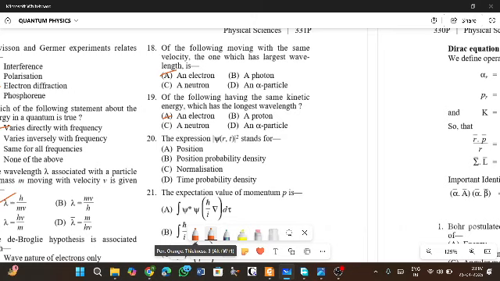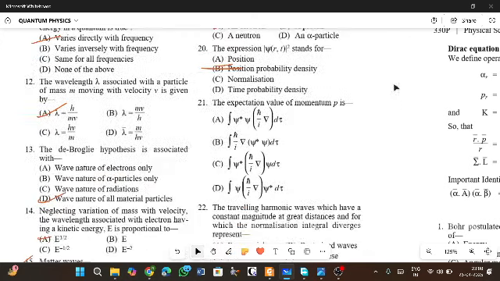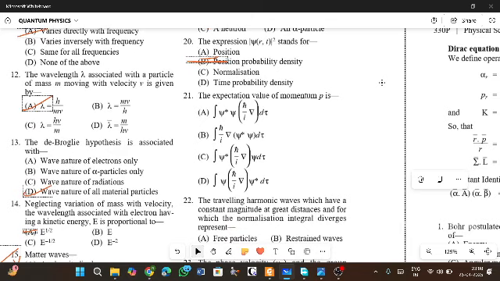The expression mod psi of r comma t, whole square, stands for the position probability density. Psi square is nothing but the probability density. Since r comma t is there, it is the position probability density. The expectation value of a momentum p: in general we can write integration of psi star A psi d tau, because A is an operator.